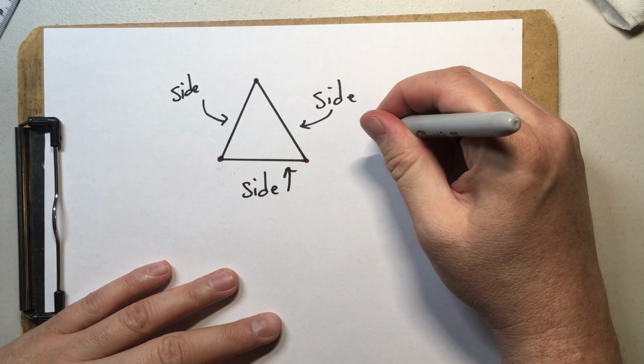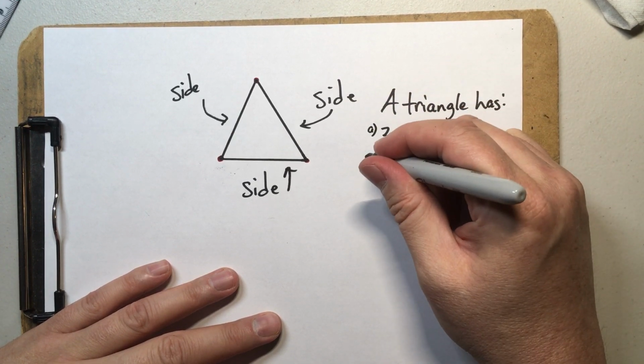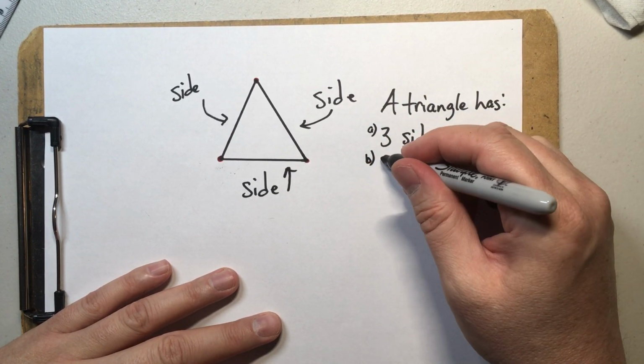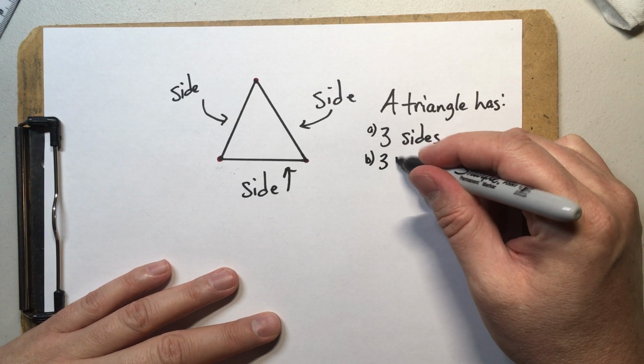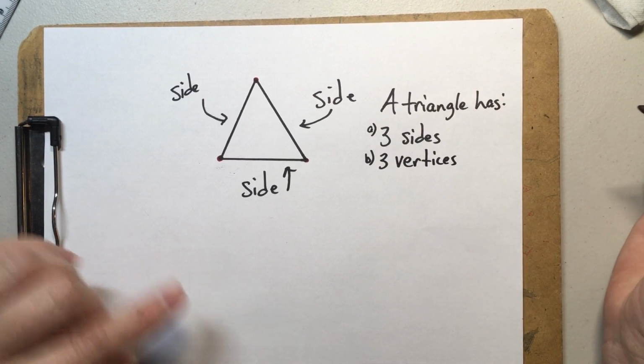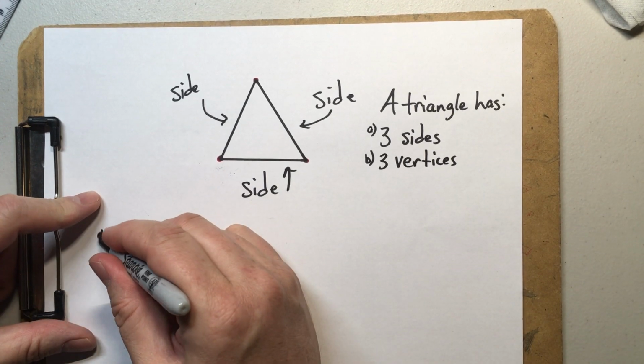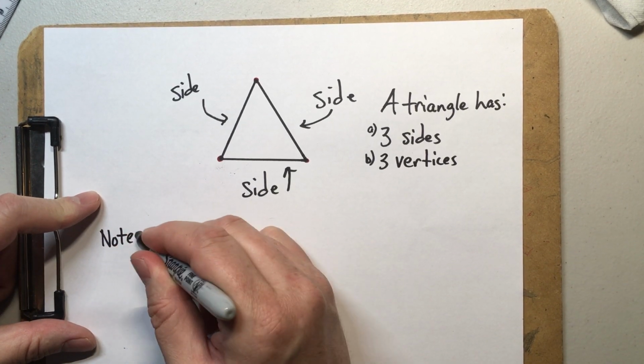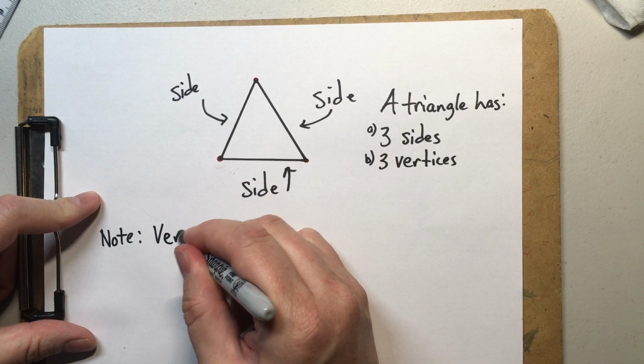So I'm going to put A, B, C. It has three vertices. Okay, I'm going to make a note over here. Vertex is singular.